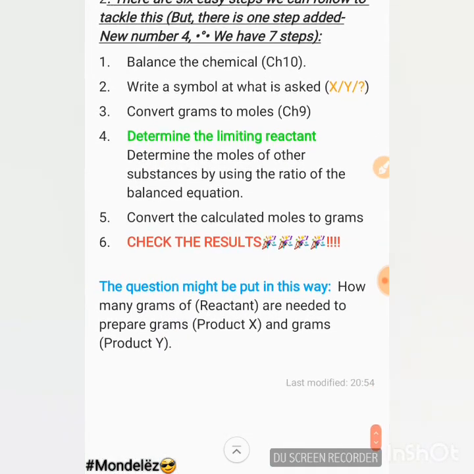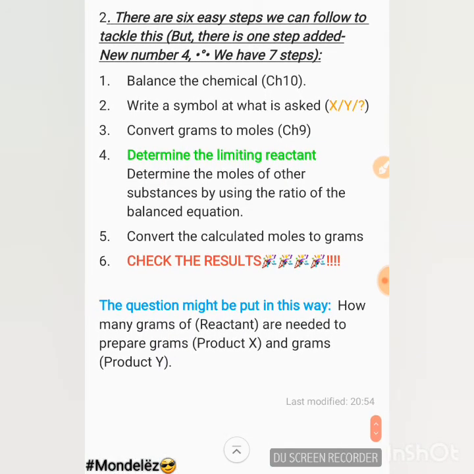And then for the second part, where we're dealing with the limiting reactant, we still follow the same steps, but it will seem like there's one added step, so it will seem like we have 7 steps. But there's really no added step.